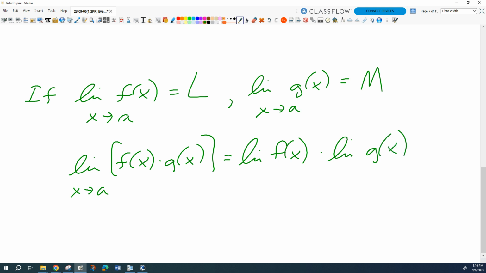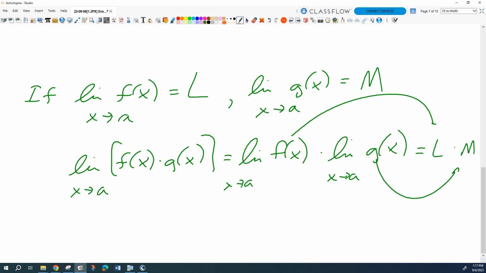Okay, right? So I need to include that as x approaches a, technically, right? And so what's that equal? Well, this limit is equal to L, that limit is equal to M.